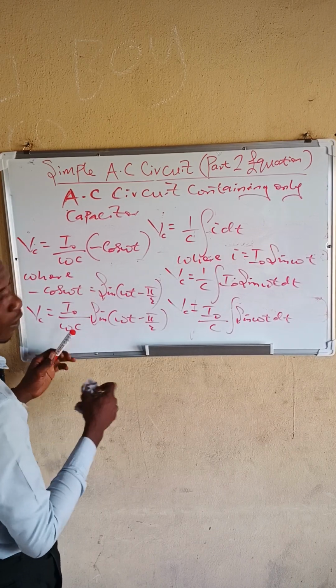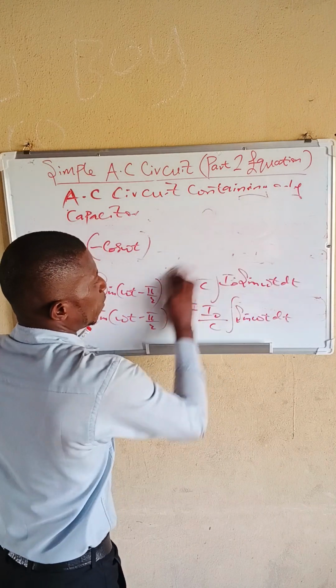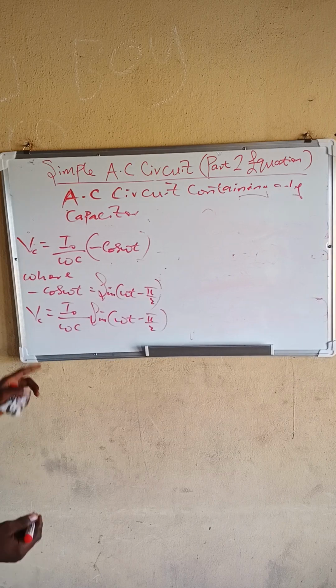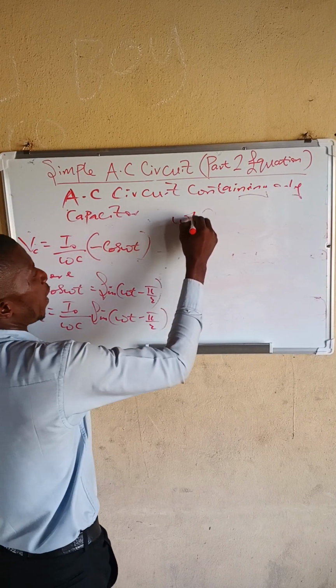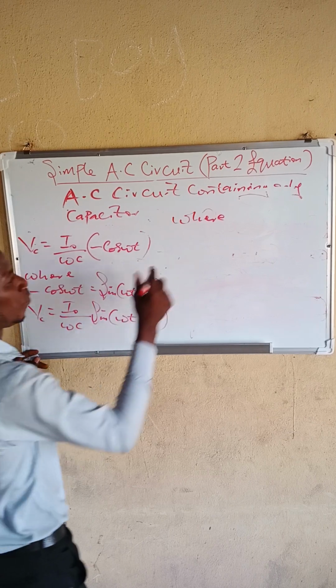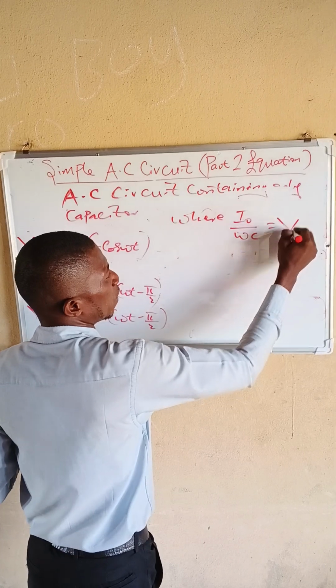This is a very wonderful equation, where I naught over omega C is V naught.